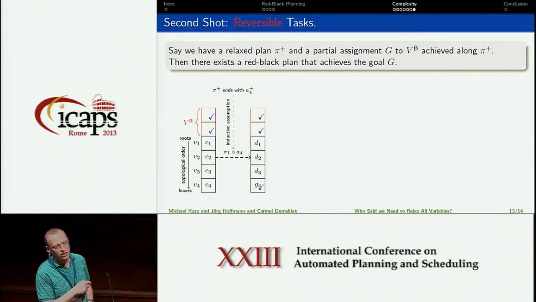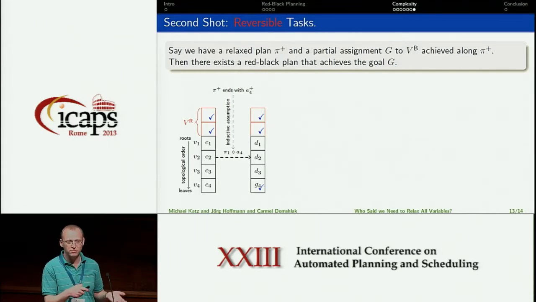Since that's an inductive proof, and we have a relaxed plan that ends with A4, the preconditions of the action A4 are achievable by a red-black sequence of actions. So there is an applicable red-black sequence of actions that ends with A4.